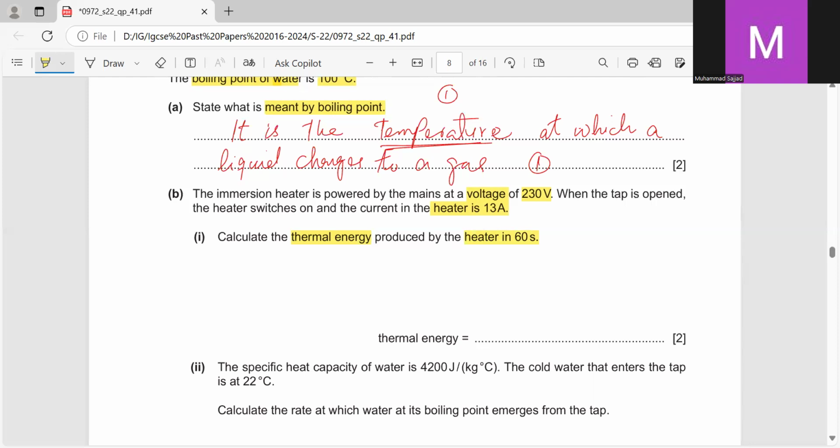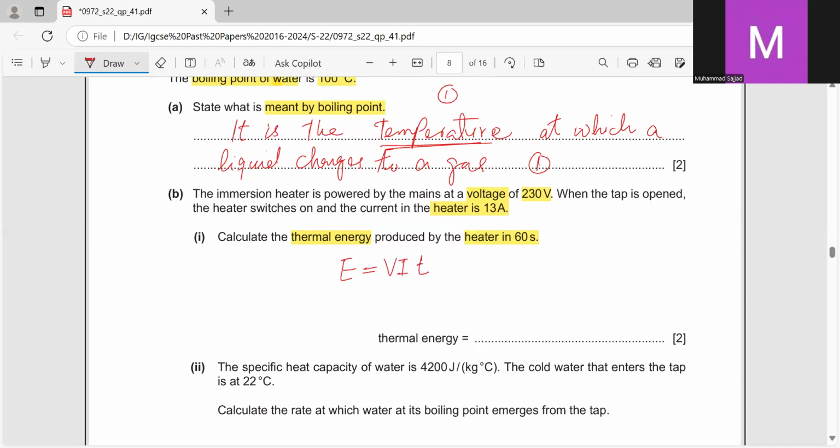Thermal energy, 2 marks. Very simple. I will write it directly from the electrical quantities topic. Energy is equal to VIT. So V is 230, I is 13 ampere, T is 60 seconds. And by the way, all the units are SI units.